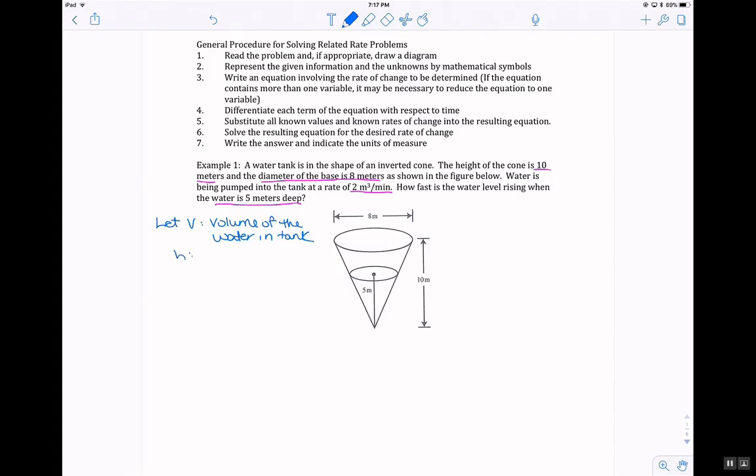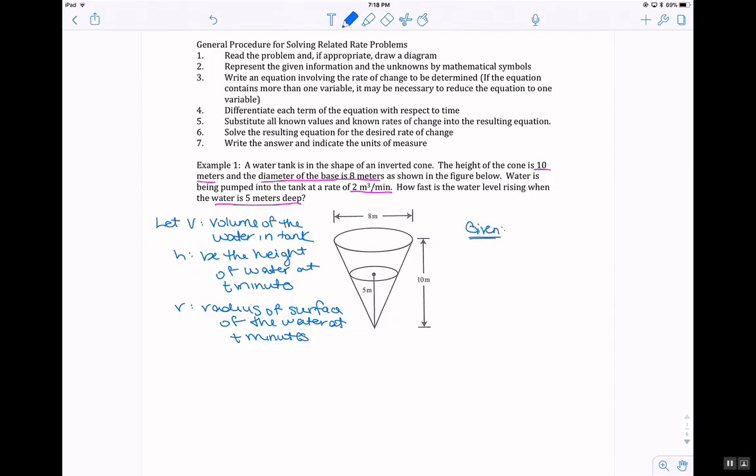Then let H be the height of the water at T minutes. And then we'll let R be the radius of the surface of the water at T minutes.